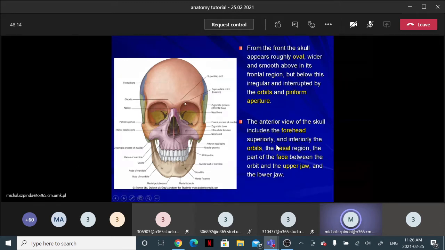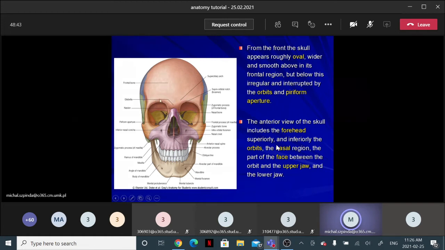Somewhat superior to the glabella is a point that's called ophryon. The ophryon is just in the middle on the line joining the uppermost points of two superciliary arches.